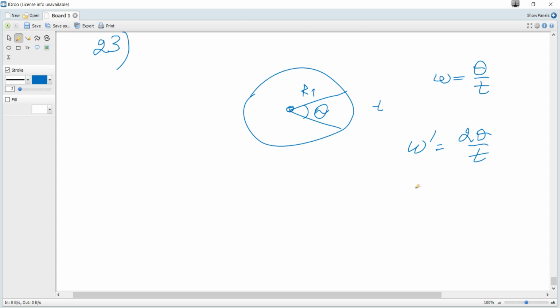The radius of the motion changes to r2, so we need the new radius. And we know that acceleration or force, net force, a centripetal force, is provided by what? Tension, but tension is constant, so acceleration or force is constant and is equal to omega squared times radius.